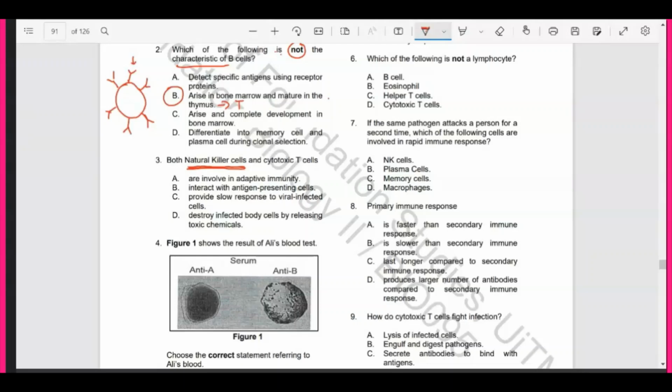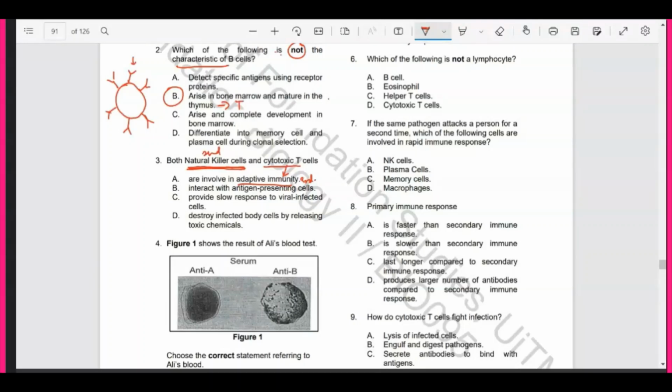So adaptive immunity adalah third line. Jawab A tadi kan? So it cannot be. Kalau cytotoxic T cell, betul, third line adaptive. Tapi kalau natural killer cell, it is second line defense, internal defense.